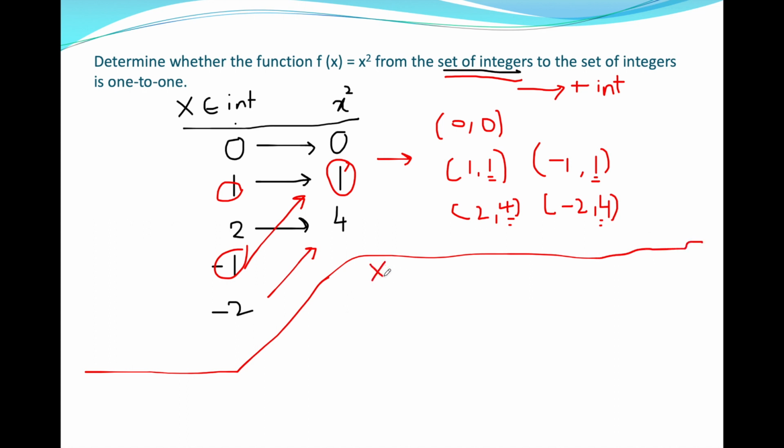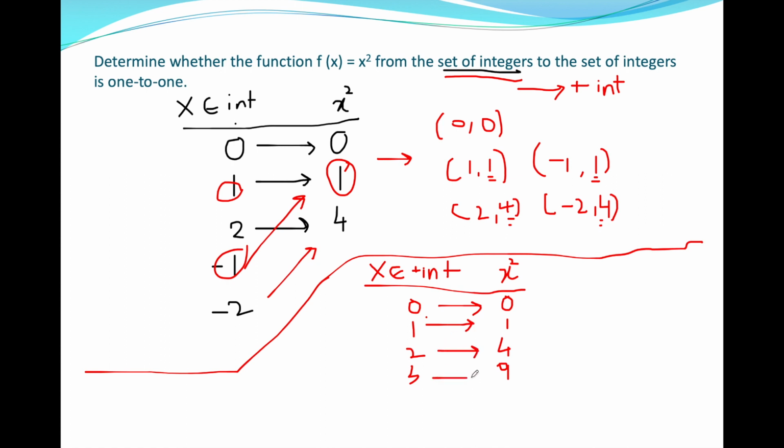Let's say x is an element of the positive integers, and the image is x to the power of 2. So now we have 0, and we will only have 1, which is 1, 2, 3, 4, so it becomes 9.